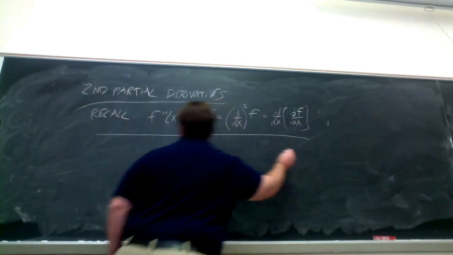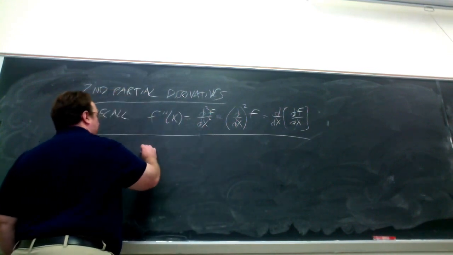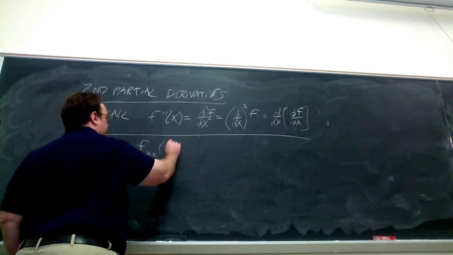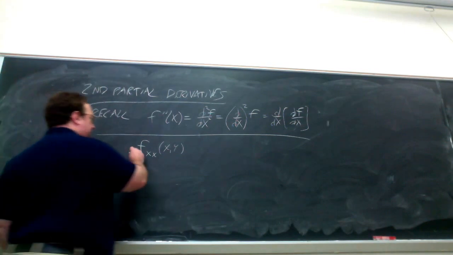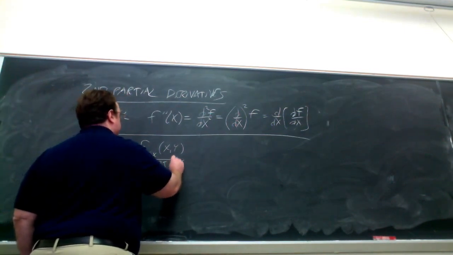So in the multivariable case, again, we no longer have primes, so we have f xx, and I'll just do a two-variable case here. This is an example of a second partial derivative.